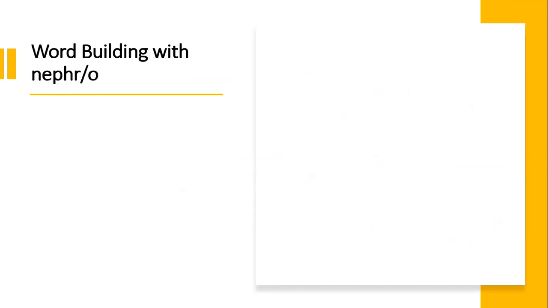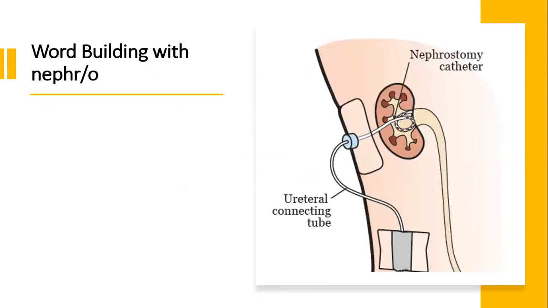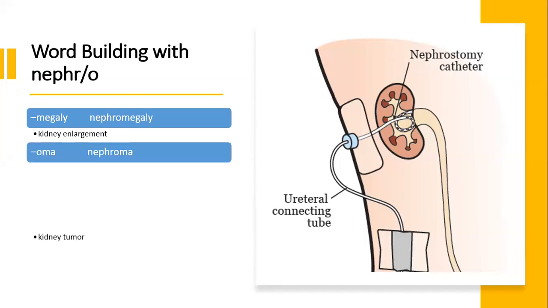Word building with nephro, like nephrostomy catheter. It's a tube between the pelvis and the skin of the body. Megaly, nephromegaly, it means kidney enlargement. Nephroma, it means kidney tumor.